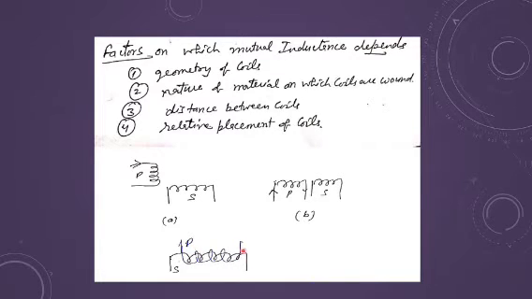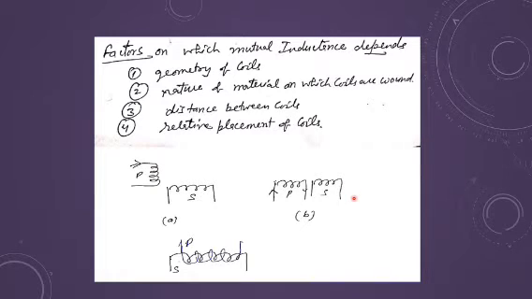So these are the three methods by which I can place the primary and secondary coils, and in that arrangement, of course, the mutual inductance will be affected.